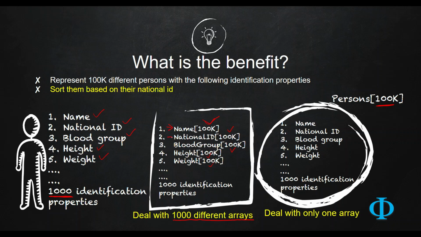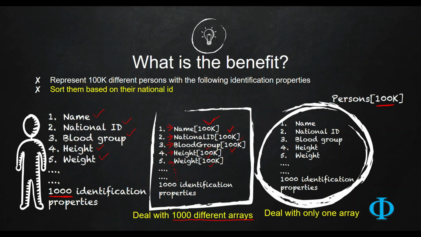The next one, an array which is representing the national ID or identification number of all the 100k persons. The third array is the blood group of all the 100k persons. The next one is the height of all the 100k persons. Next is weight of 100k persons, and so on.